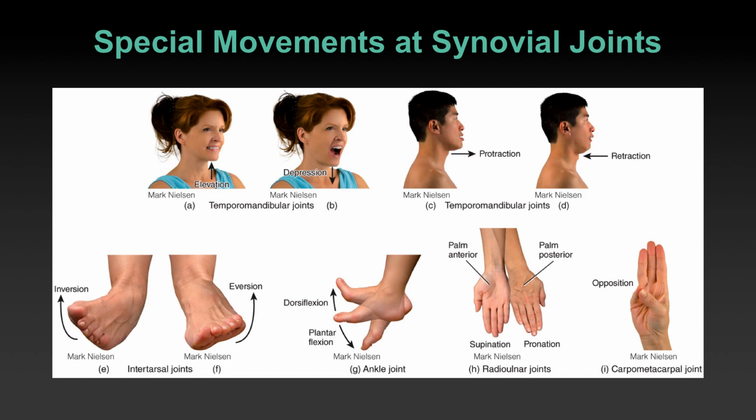A lot of these we see at the temporomandibular joint, and we'll look at those a bit more in depth when we get there. But the opening of the jaw is not simply extension of the jaw, even though we're increasing the angle between the articulating bones. It's not just rotation around one point. There's multiple factors that come into play with the opening of the jaw.